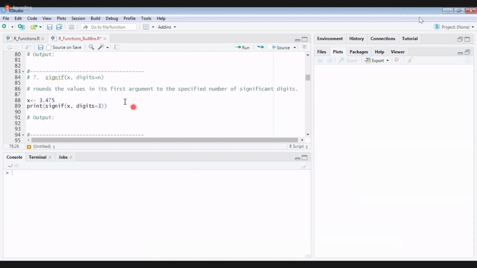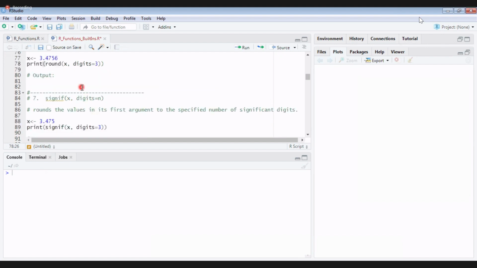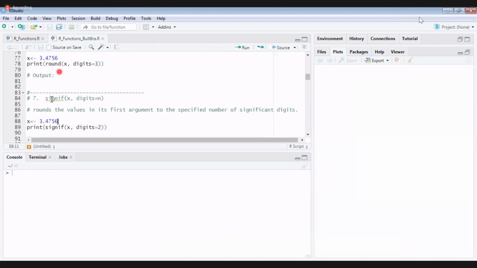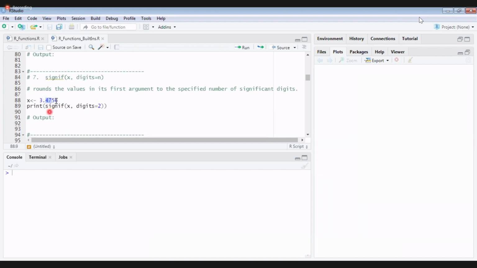Next we have the signif function, known as the significant digits function. It looks similar to the round function, but there is a difference. If I give 2 here, in round it rounded off to 2 decimal digits, but here it will give a total of 2 digits, so there is a difference.